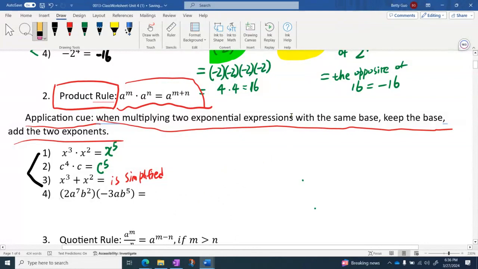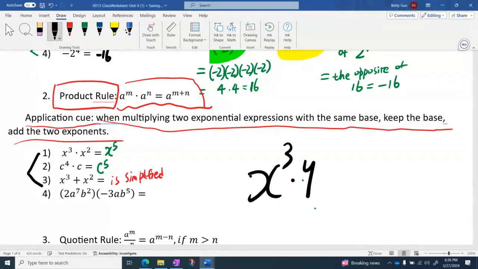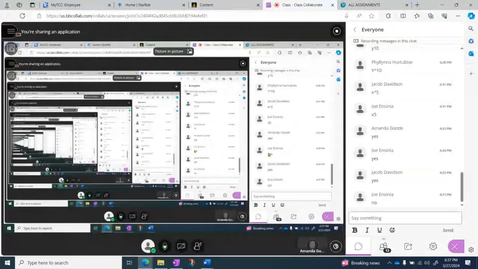Okay, try this. Can you help me to simplify x cubed times y squared? You're right, Joe.